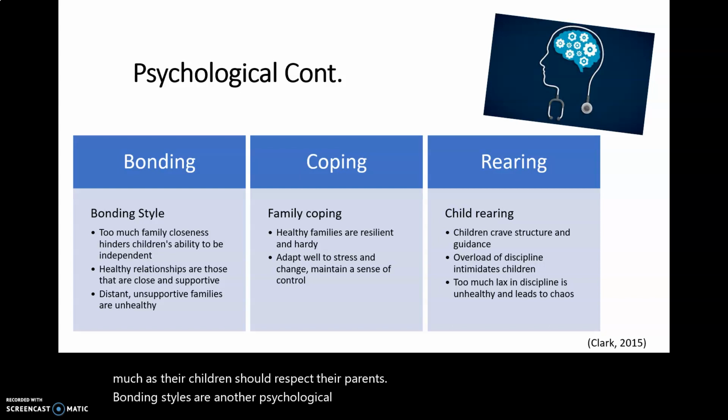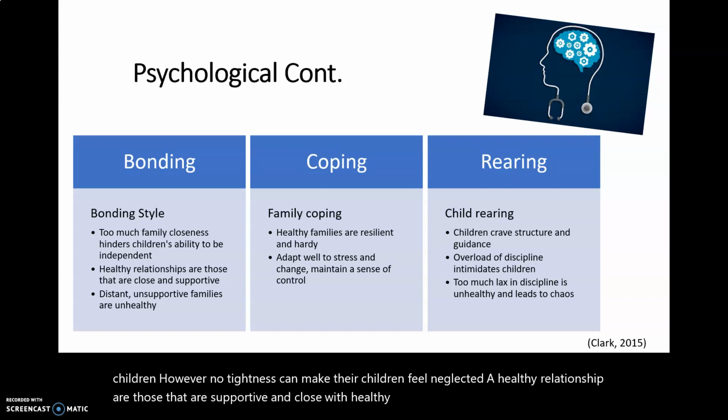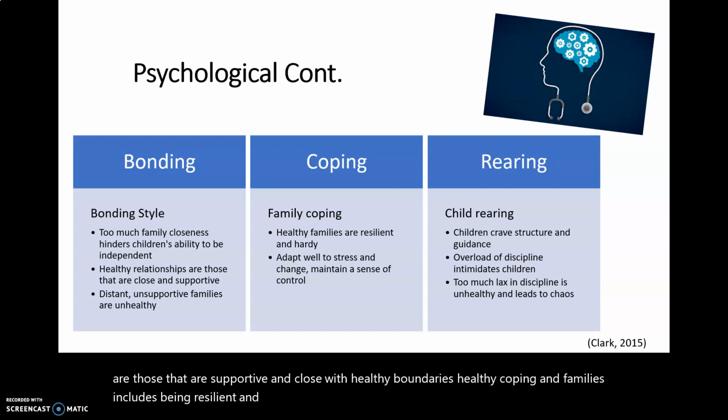Families who bond too closely can smother their children. However, no closeness can make their children feel neglected. A healthy relationship is one that is supportive and close with healthy boundaries. Healthy coping in families includes being resilient and hardy, adapting to stress and changes as they maintain a sense of control.